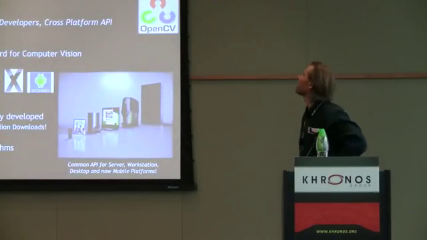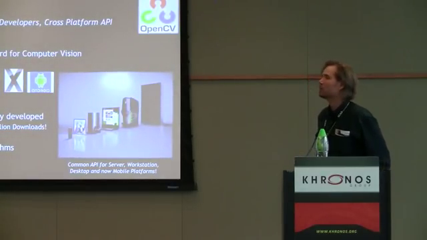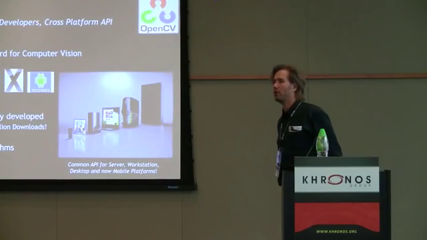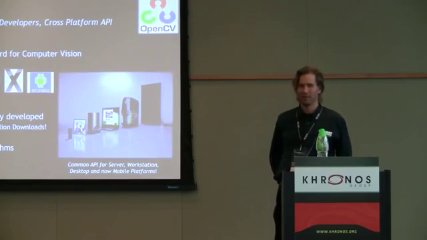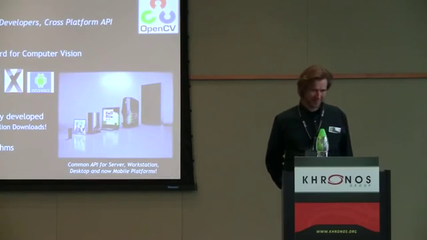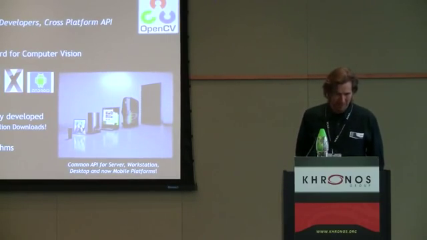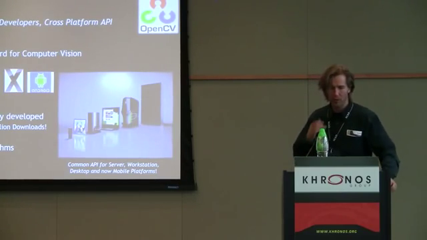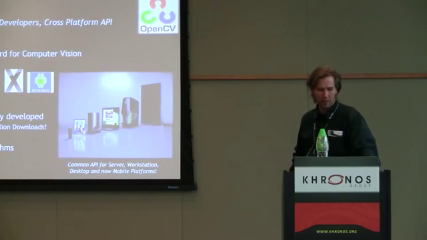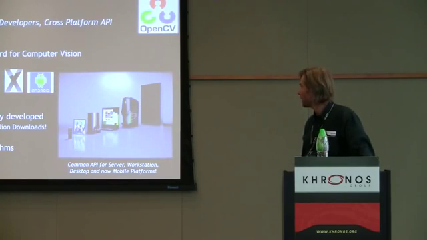So OpenCV. OpenCV is the Open Computer Vision Library. It was originally created by Intel. Then it was abandoned by Intel, and then it was picked up by other companies such as Willow Garage and ITSEEZ. And now NVIDIA is supporting it, and some other companies are supporting it.